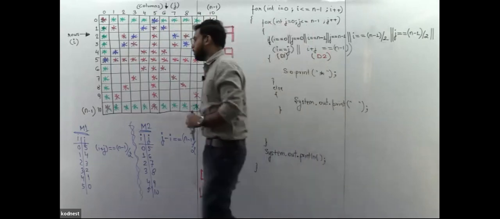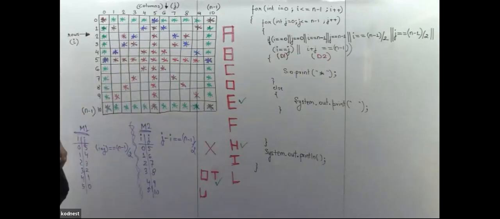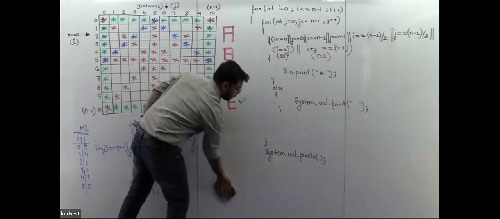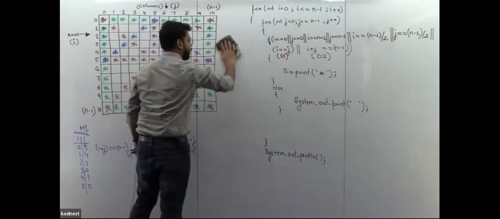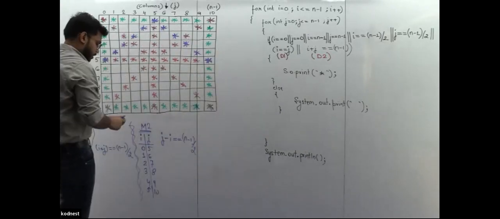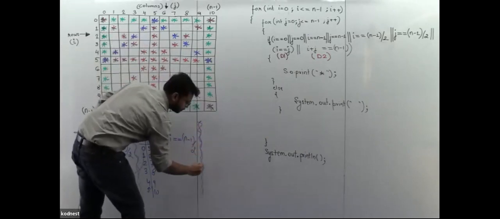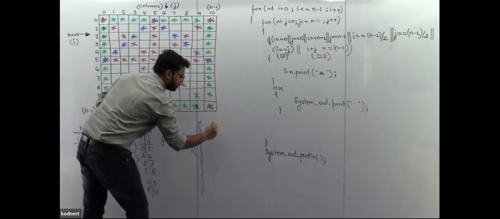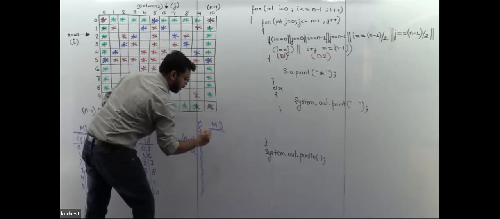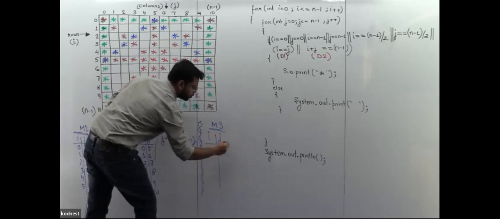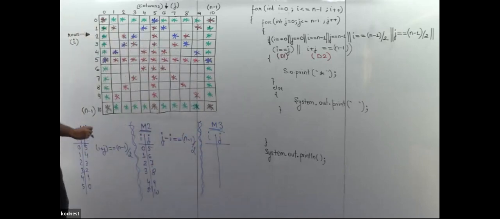I will not stop there. I should have 2 more diagonals in my program. And how to get these diagonals? Let us see now. Next, I will mention diagonal number M3. I will tell how to get M3, with the values of i and j.